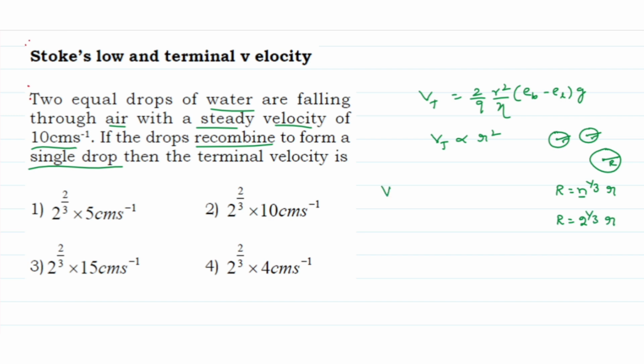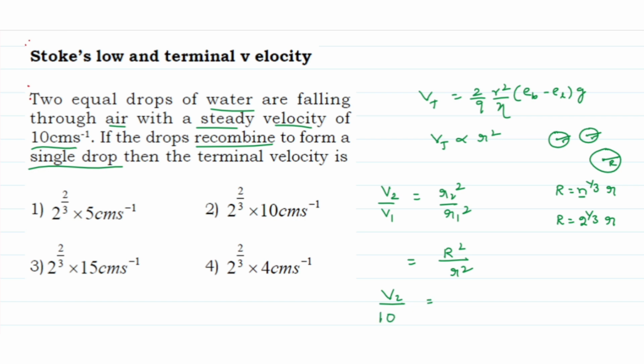Then the terminal velocity ratio V2 by V1 is R2 square by R1 square. R2 is the big drop, that is capital R square, by the initial single drop radius, which is smaller, small r square. V1 is given as 10 centimeter per second.